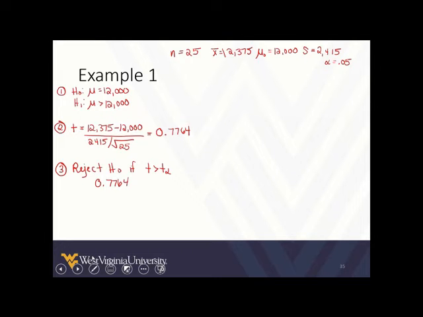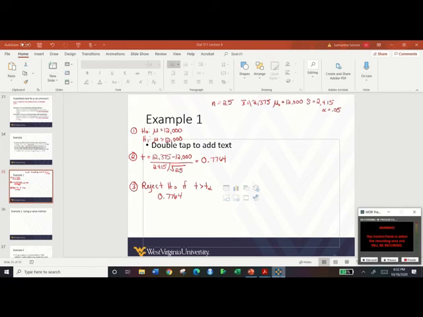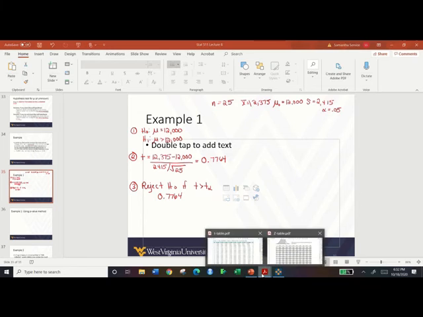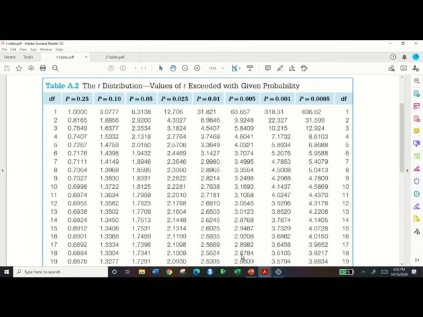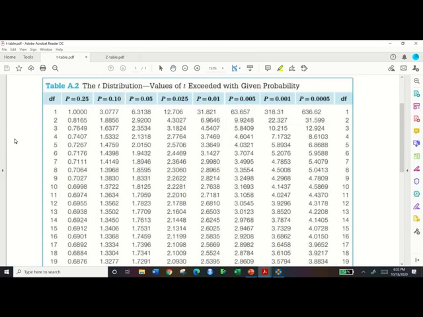At this point, let's close out of here and take a look at our t-table. Okay, so we were told that our alpha was 0.05, and we get to use that because it is not a two-sided test. So using our information of our alpha being 0.05 and the degrees of freedom, we were told that our sample size was 25, so we need to do 1 minus, which would be 24.